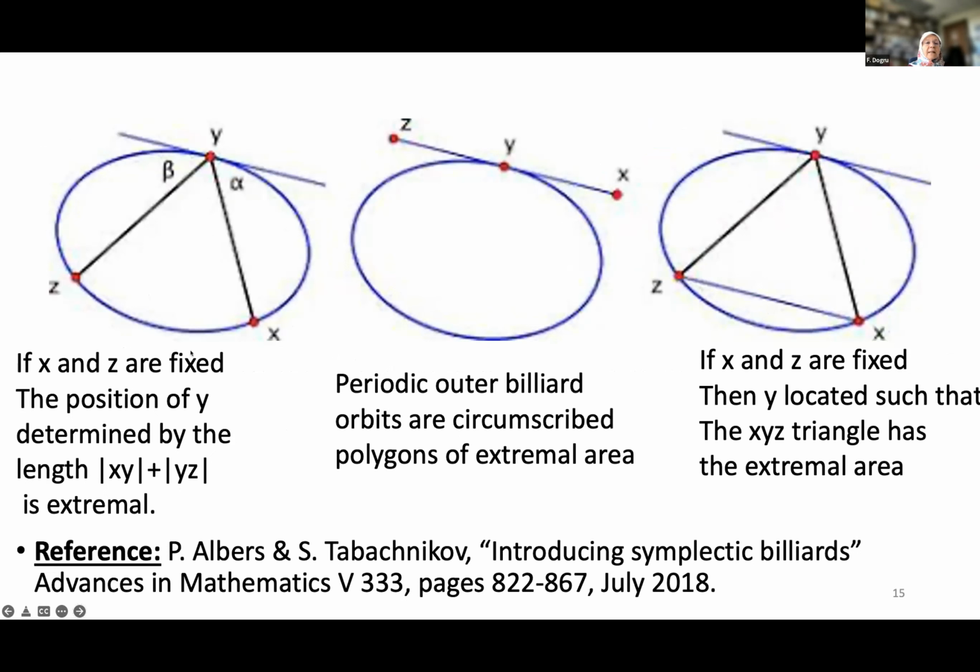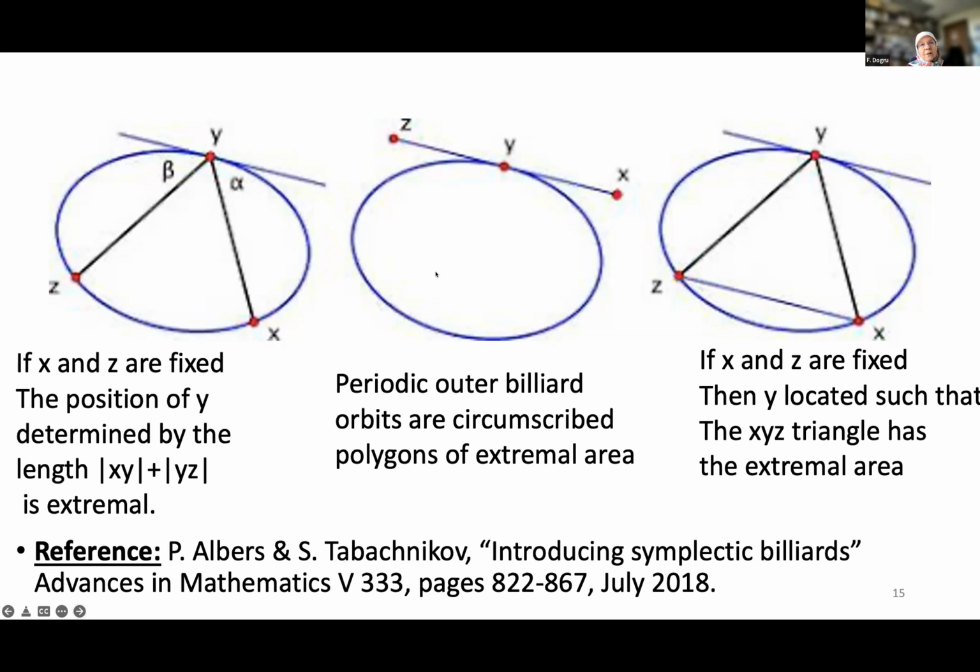For the first one, if you remember from the beginning of the talk, these two angles have to be equal, which was the reflection at the boundary. But right now, let's think about it this way: if x and z are fixed, then the location of y is determined by the total length of these two geodesics being extremal, in this case a maximum.